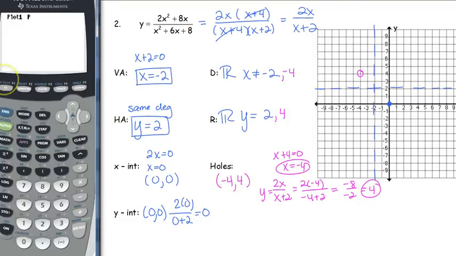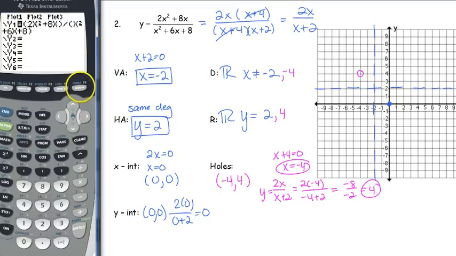Got to go back to our calculators to see what this graph is going to look like. Clear out our old equation. Again, I'm going to use the original just in case I made a mistake along the way. 2x squared plus 8x, close out those parentheses, divided by x squared plus 6x plus 8.